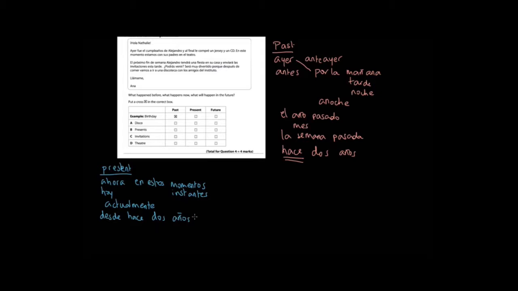So for example, I could say, vivo en Madrid desde hace 2 años. I live in Madrid, I have been living in Madrid for 2 years, okay? But notice that this is present. I am living in Madrid now. So be careful with the desde hace, okay?